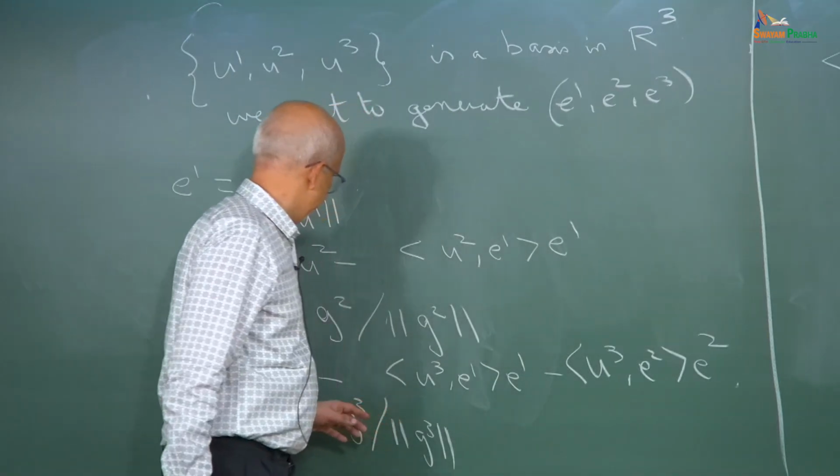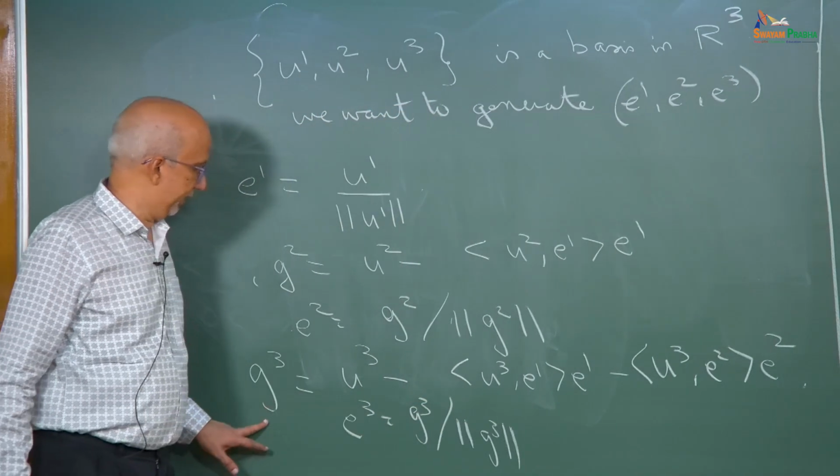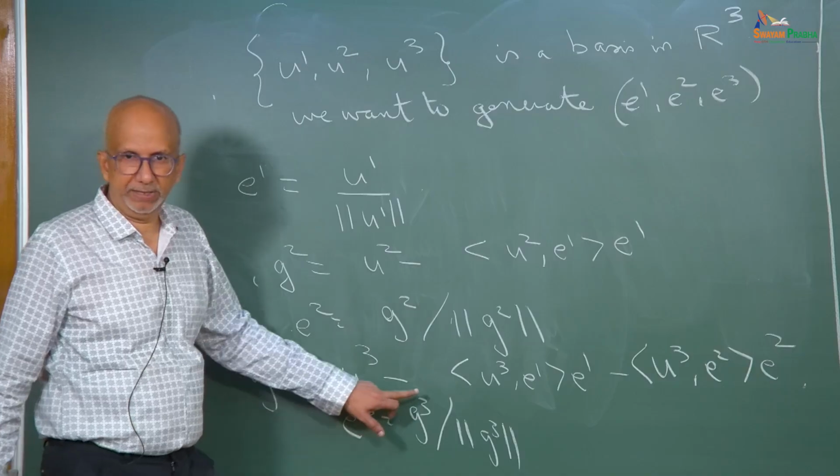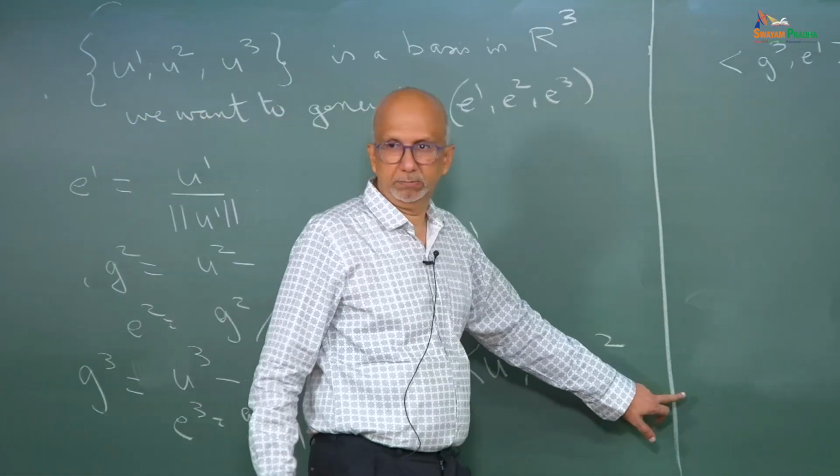Basically inner product of this with E1 is the same as this with E1 minus this with E1 minus this with E1. That is what I have written.